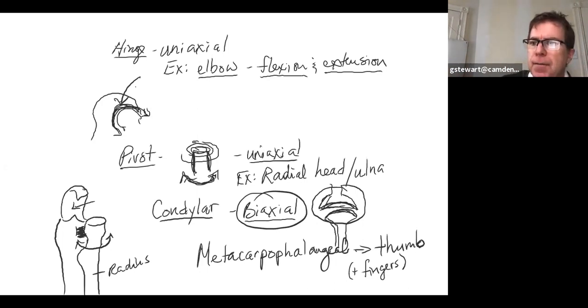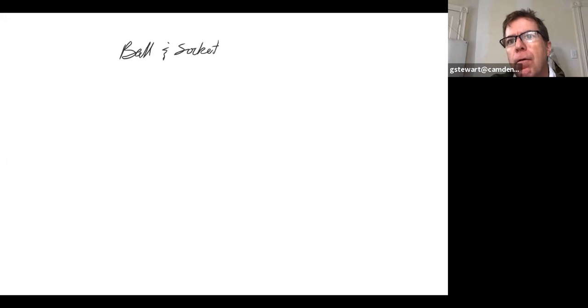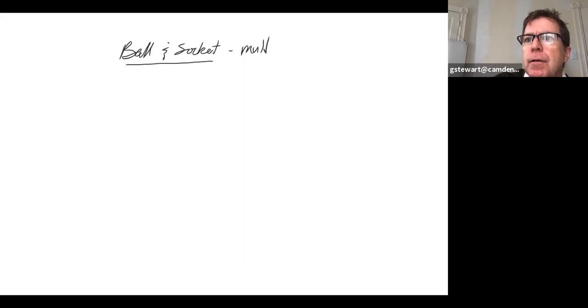All right, next we've done pivot, and let's do ball and socket. These also move in even more than a biaxial term. It's called multi-axial. Some books say triaxial. I believe your book uses the term multi-axial movement. That allows for, I'm going to put in parentheses, that circumduction movement.